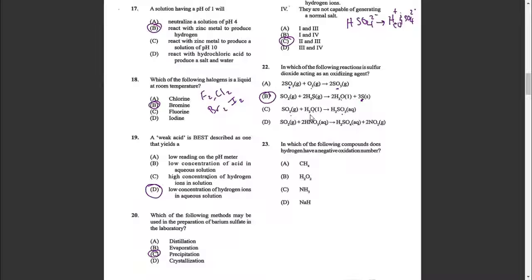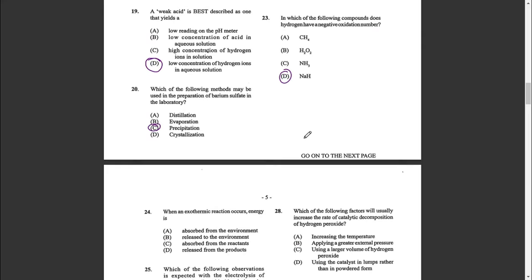23. In which of the following compounds does hydrogen have a negative oxidation number? Hydrogen will have a negative number when with metals. So when it's reacting with metals, it takes on the negative oxidation number. Other than that, it will have a positive oxidation number. 24.